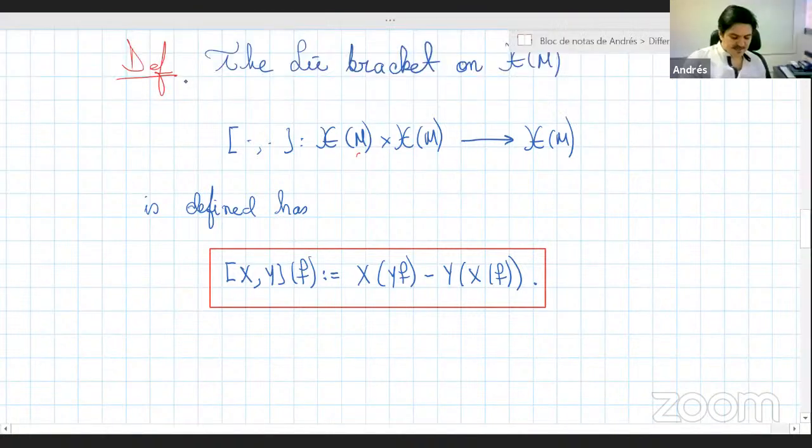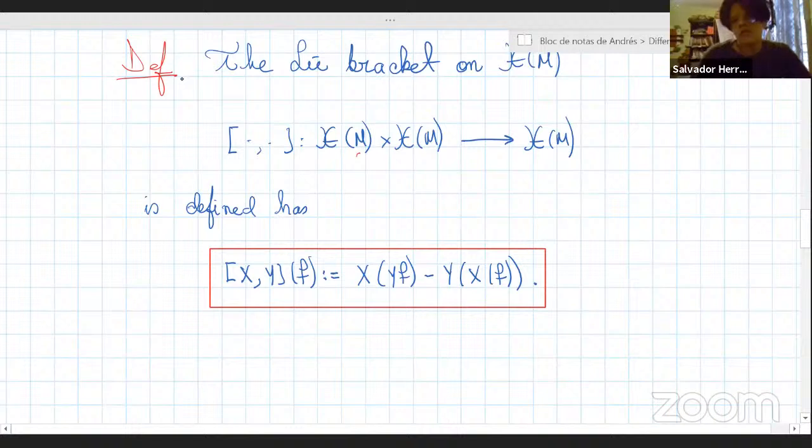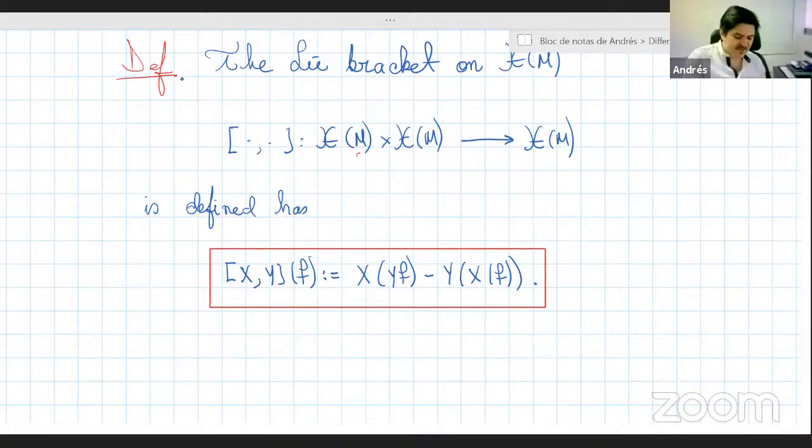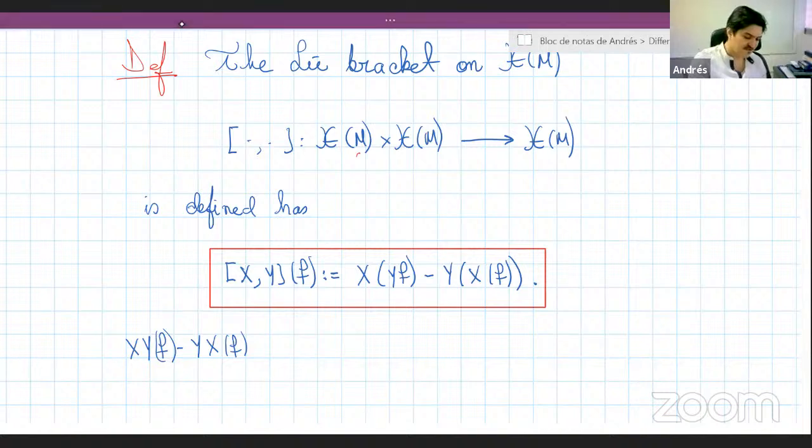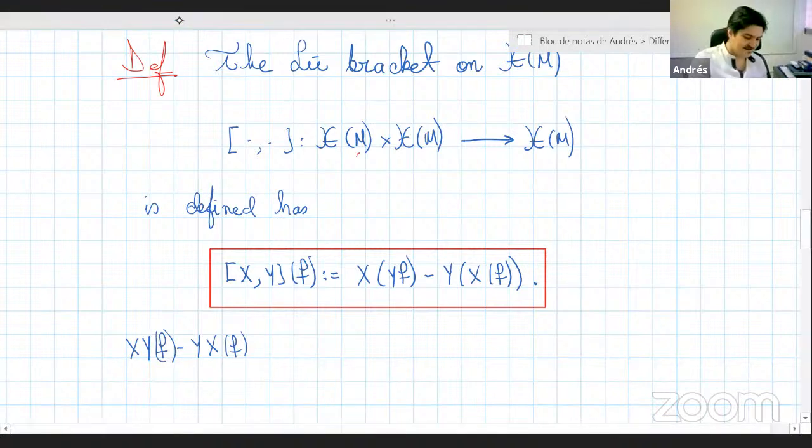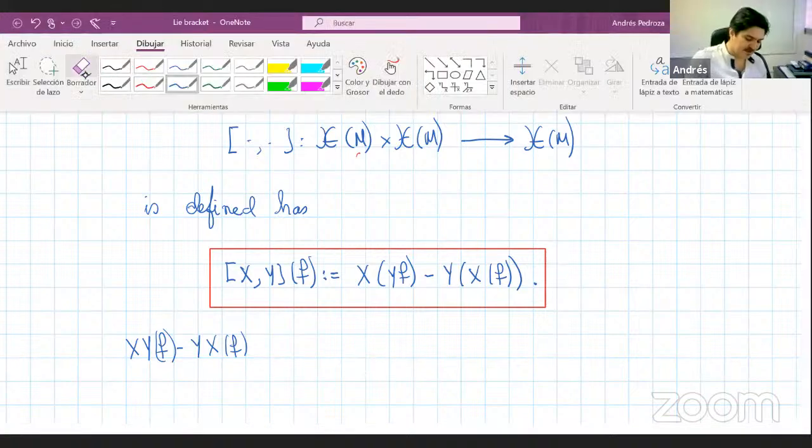Okay, so let's see that this is a vector field, by that meaning that it satisfies the Leibniz rule. Sorry, this is wrong. I want the Leibniz rule, so I need a product here.